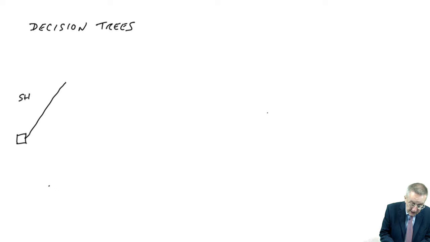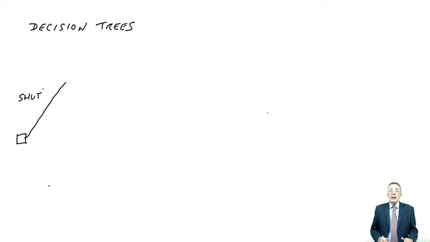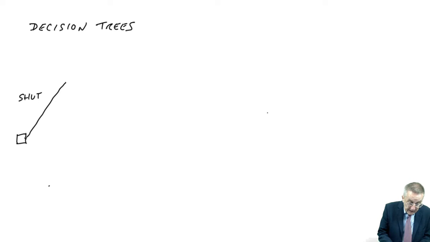I'll try and be as neat as I can. But there is obviously an answer at the back. So there's one course of action we may take, as of today, shut down. Alternatively, we may decide on an expensive refurbishment.